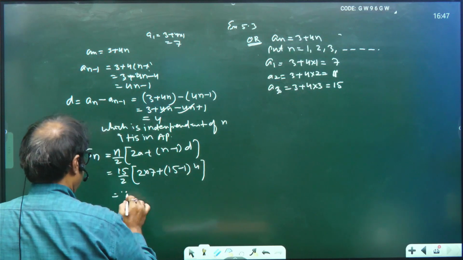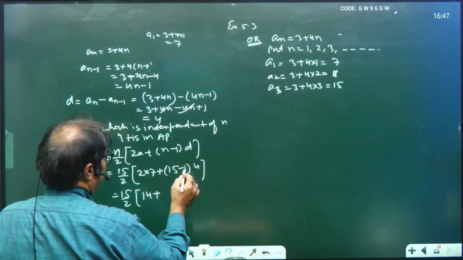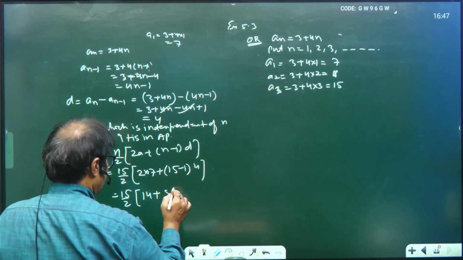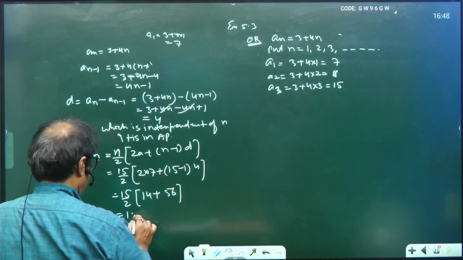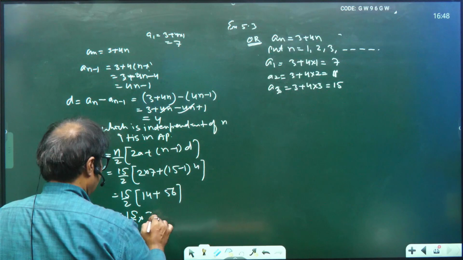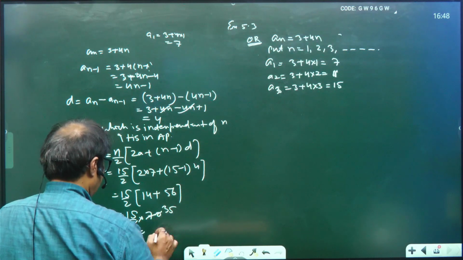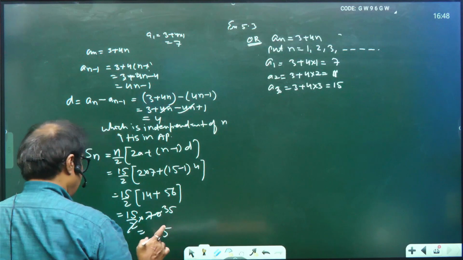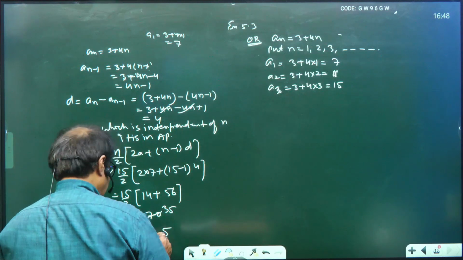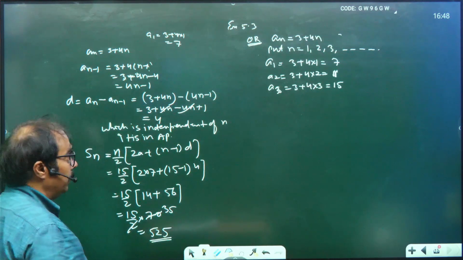So 15 by 2, 2 sevens are 14, and 15 minus 1, 4. 14 into 4 is 56. So 15 by 2 into how much? It is 70. So cancel out, 35. 15 times 35: 15 5s are 75, carry 7, 45 and 7, 52. So 525 should be the answer.